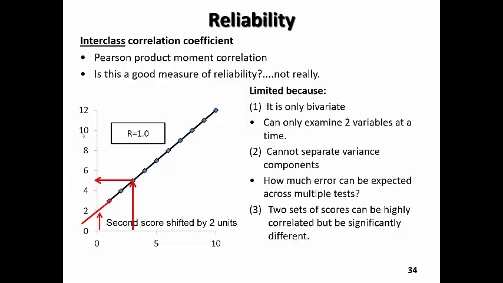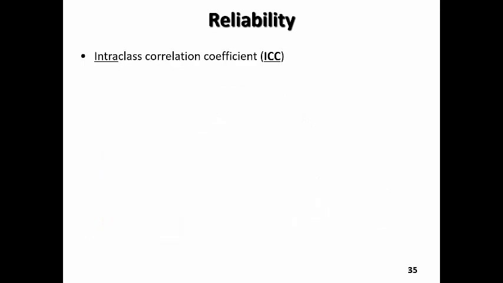You don't get the same score along the y-axis that you do along the x-axis, as these scores are shifted vertically. And scores may be poorly correlated but not be significantly different. So we do see these sorts of issues related to using the correlation coefficient.